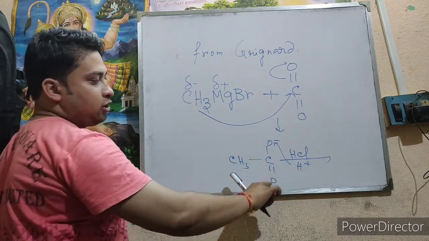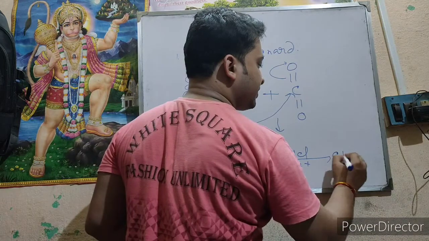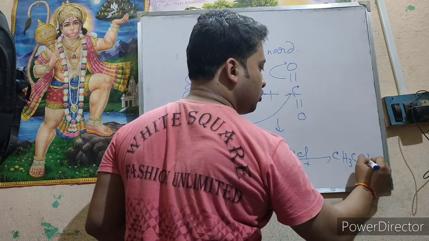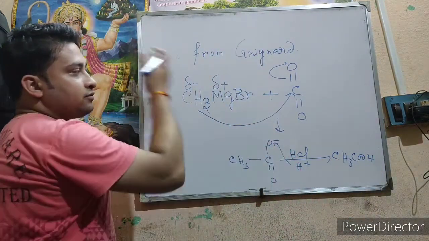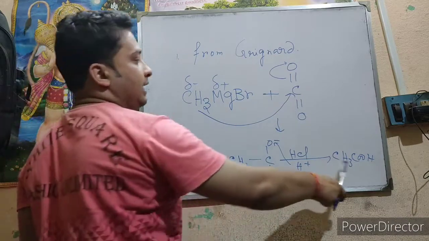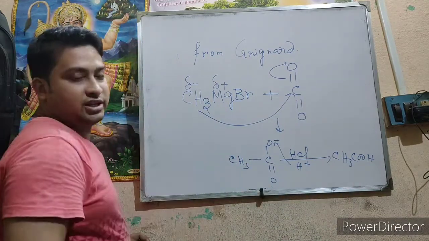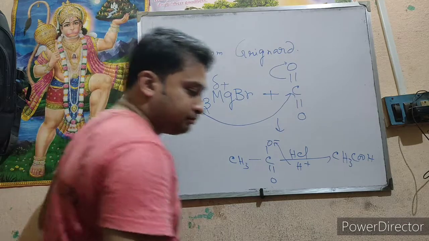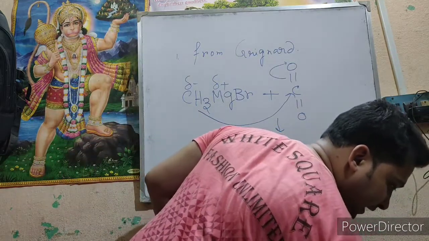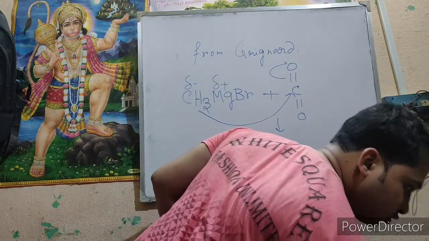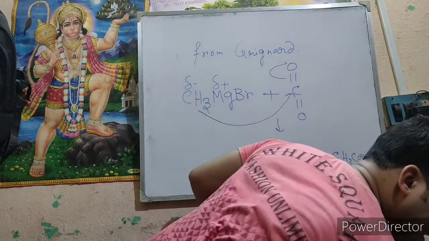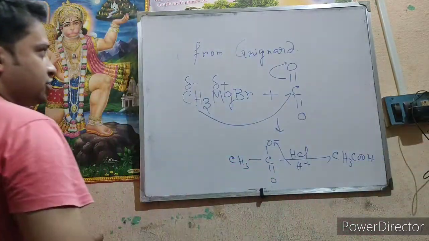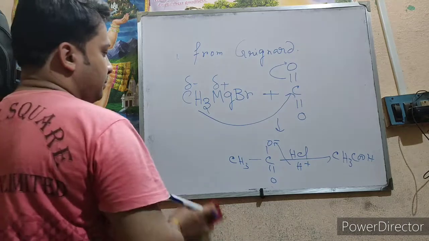So the product is CH3COOH. This is a simple process to prepare acid from Grignard reagent. Okay. So the next is hydrolysis of ester.